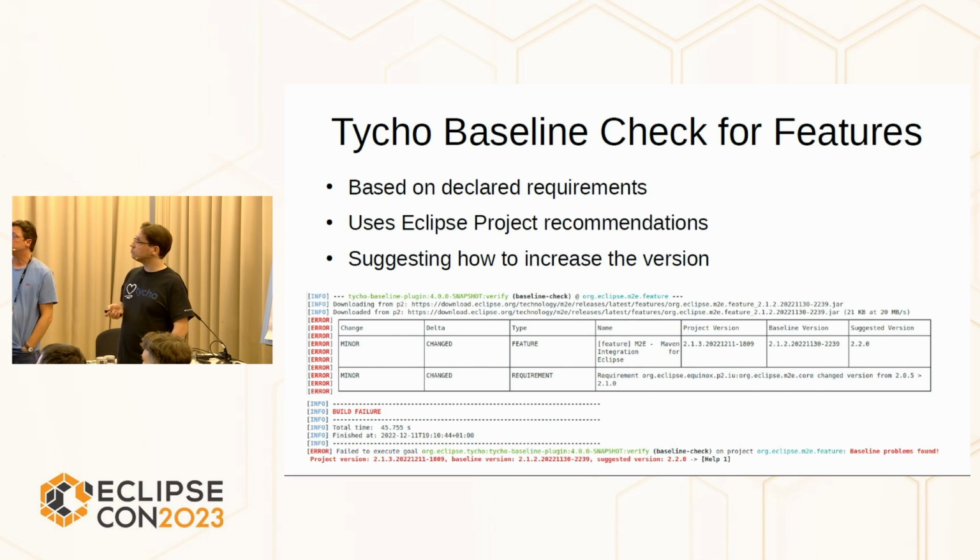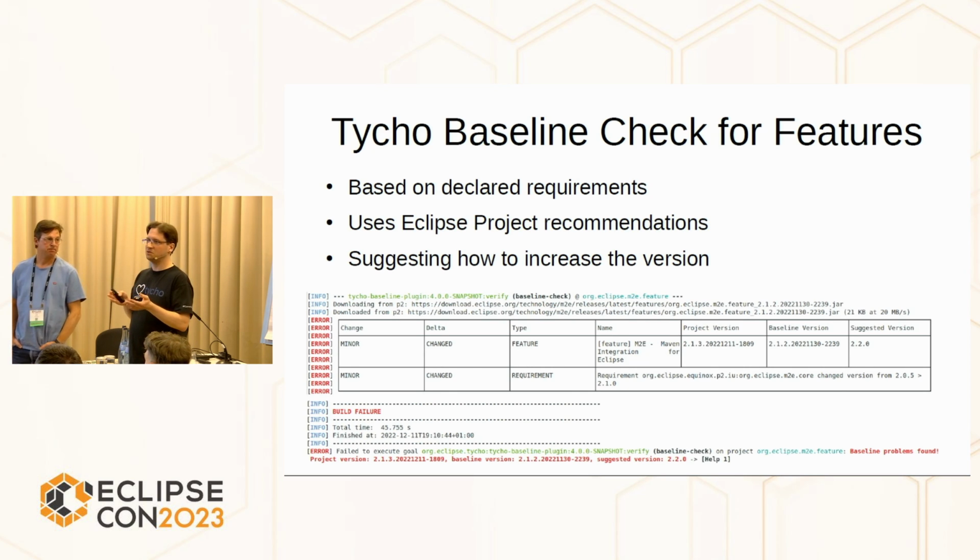What also is possible that you can baseline check Eclipse features. That's something BND currently not support, and that's not so surprising because it is not an OSGI standard. It's completely Eclipse. So we using the Eclipse project recommendations. I think most of you have read this already in the committers handbook and are very familiar with this. But for those others, I will just summarize this a bit. It's quite easy.